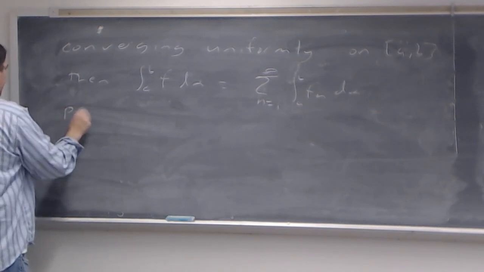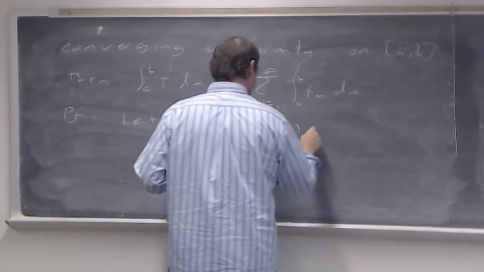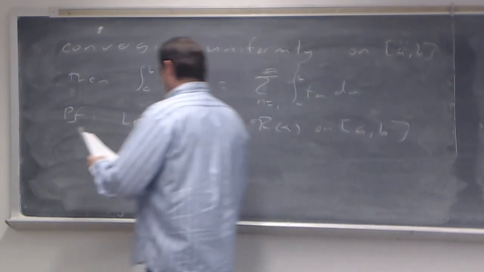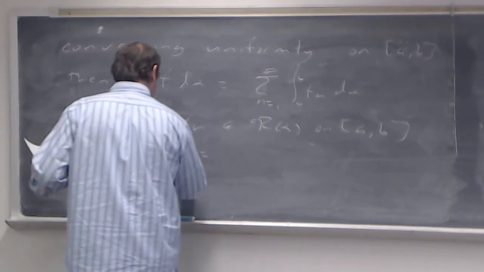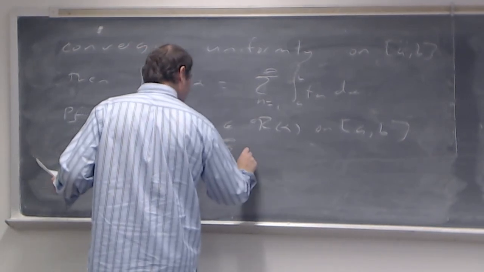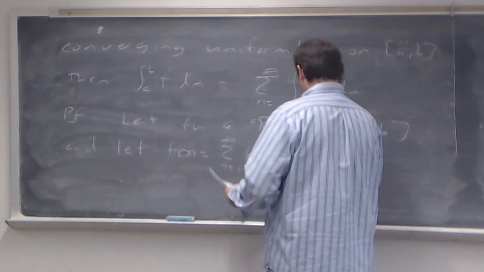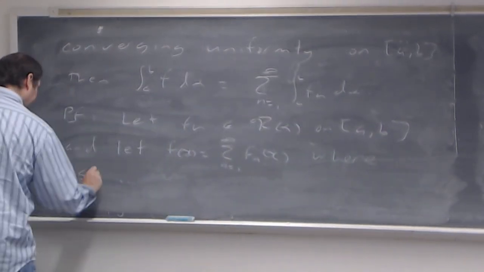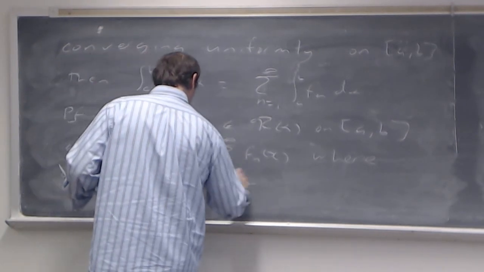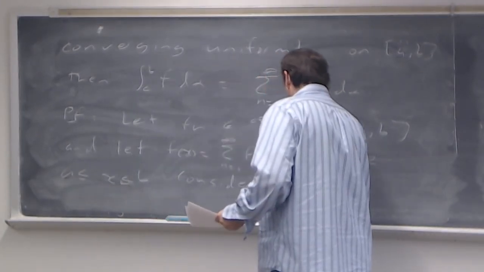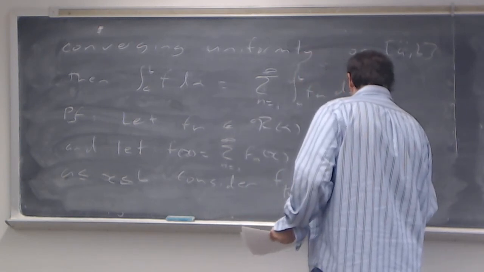And so this is a consequence of what we just did, but here's how we see it. We let f sub n be Riemann-Stieltjes integrable functions on a to b, and let f of x be equal to the sum as n runs from 1 to infinity of f sub n of x, where again we have the stipulation that x is sandwiched in between a and b, and we also now consider f sub k of x equal to the sum as n runs from 1 to k of f sub n of x.